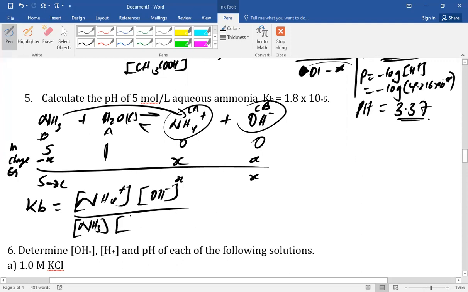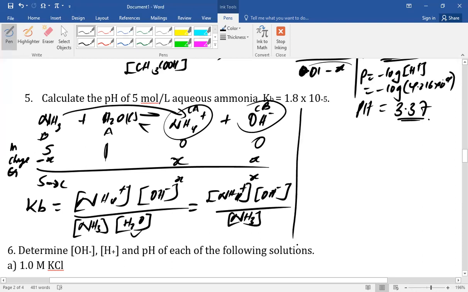And like I said, water is not needed, so I don't want you to be confused. The activity of water is 1, so the expression is just ammonium times hydroxide over NH3. That's why they rarely put water there, because it has an activity of 1 in thermodynamics.